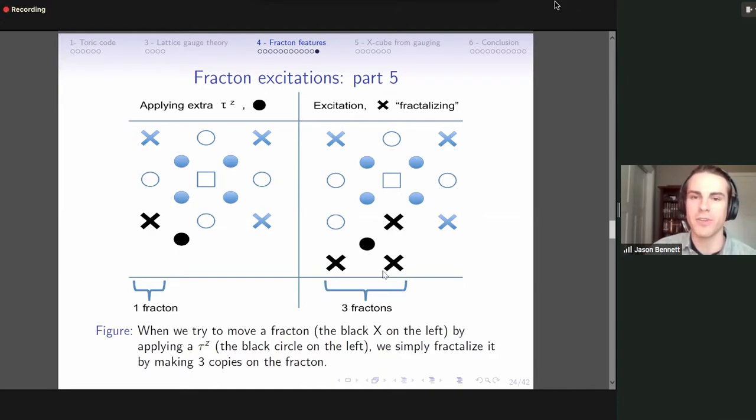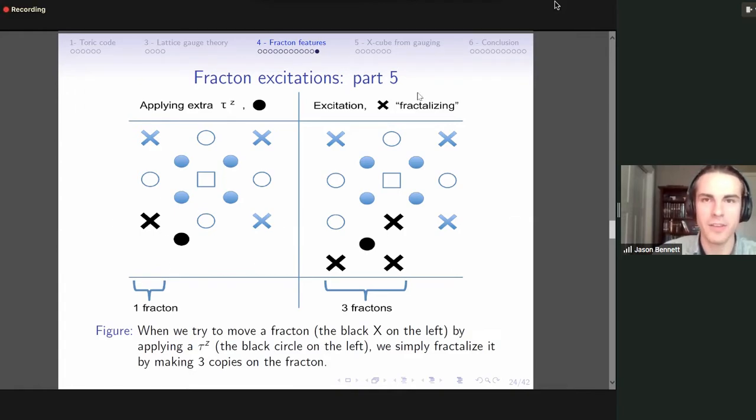So that's where this fractal nature comes from. If you have a fracton in excitation along one of these boxes, there's no way to move it without spawning more of them. Fractalizing is the way you can view it as moving, but there's no way to keep the number the same and to move it.